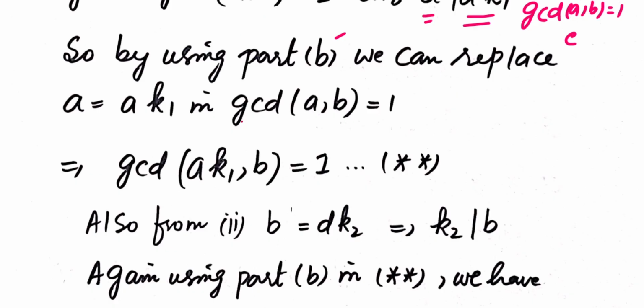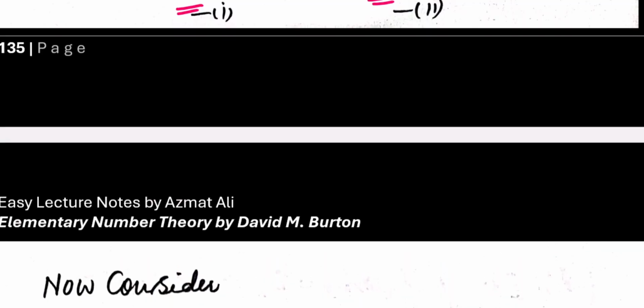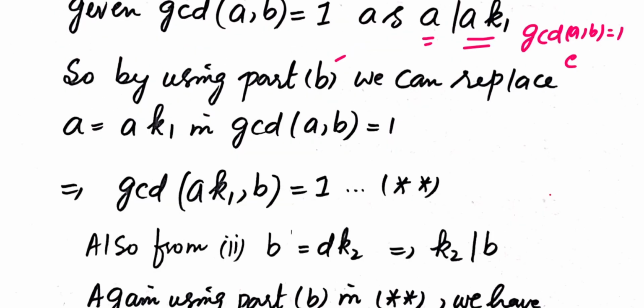As A divides A times k1, we can replace A with the number Ak1. So by using part B, when you replace A with Ak1, this becomes the GCD of Ak1 and B is equal to 1.